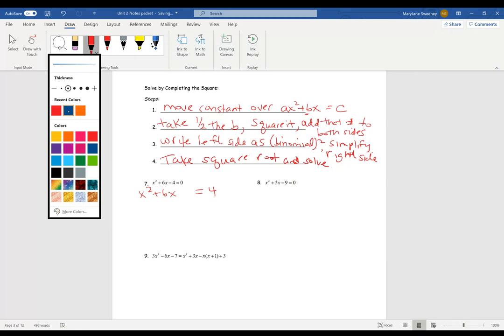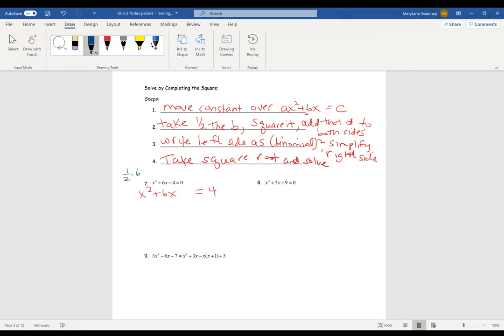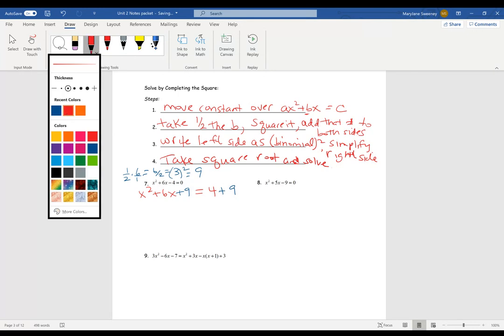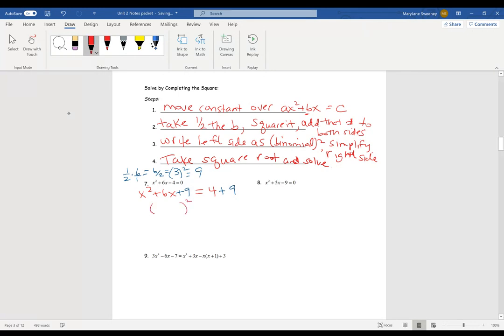Then we're going to take half the b. So half of 6 is 6 halves or 3. We are going to square that, get 9, and that's what we're going to add to both sides. Then we write the left-hand side as a binomial squared.